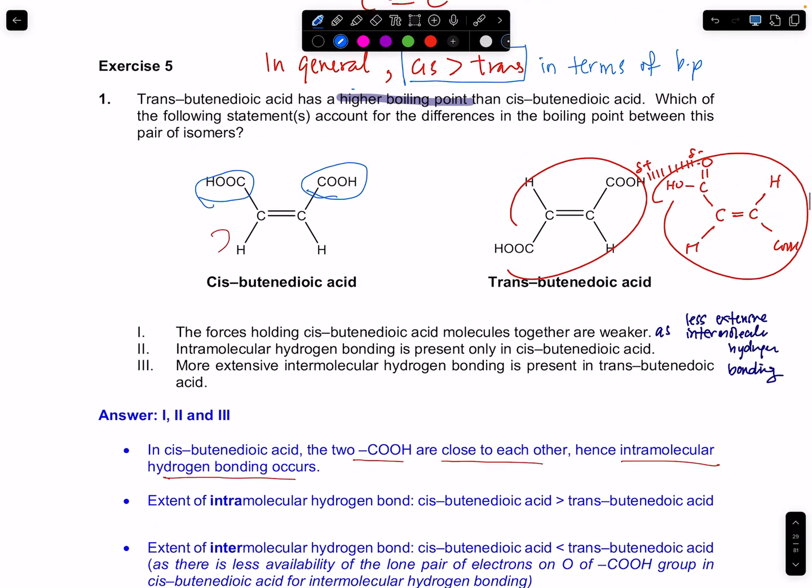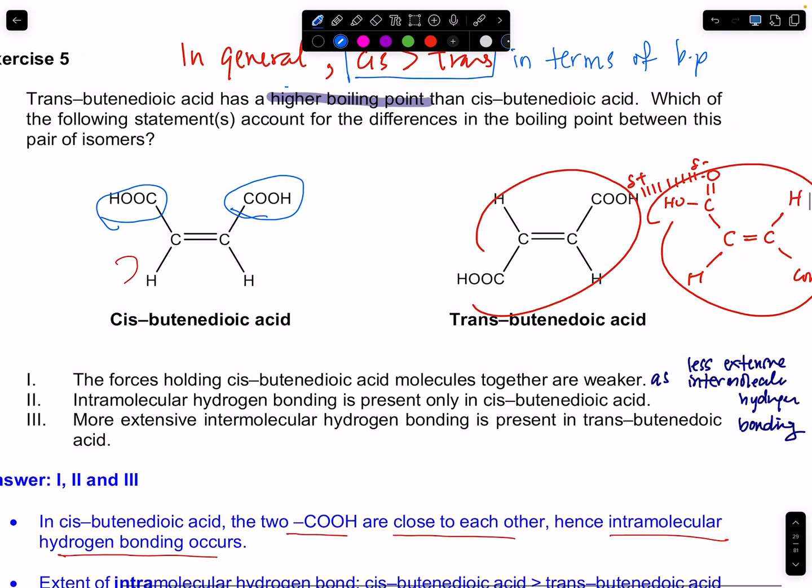So let's go through the answers here. Question number 1. The forces holding cis-butenedioic acid molecules together are weaker and is as a result of less extensive intermolecular hydrogen bonding. Okay, this is true. Number 2. Intramolecular hydrogen bonding is present only in cis-butenedioic acid.